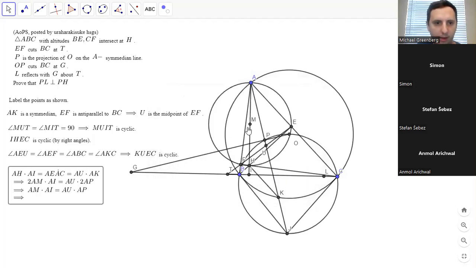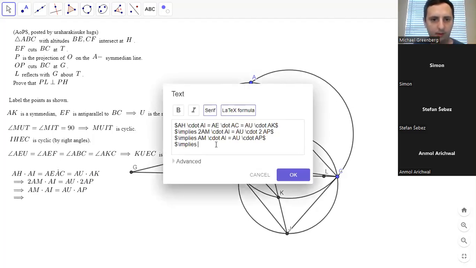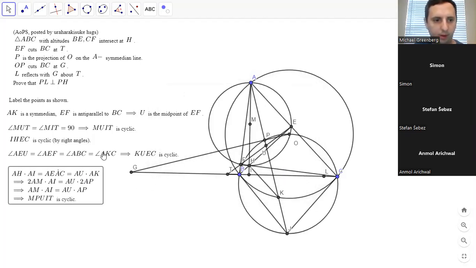Sorry, I got confused. AH is 2AM. It's AU times AP, which means that MPUIT is cyclic. Because we already knew MUIT is cyclic, now we know P lies on it.